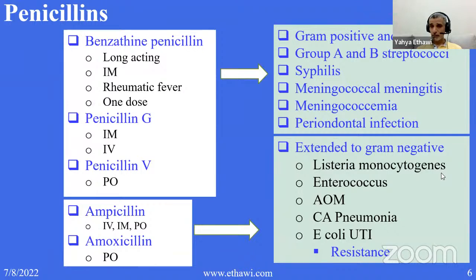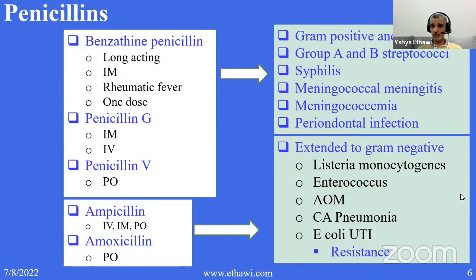Sometimes they work against some gram-negative bacteria, such as Listeria monocytogenes, and that's a very important reason for using them in the neonatal period. But usually when we use them for guessing therapy, we go for broad spectrum, not the specific one.